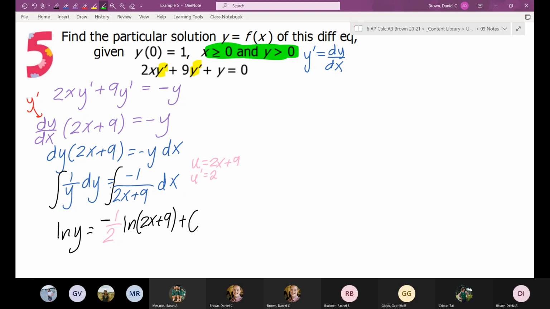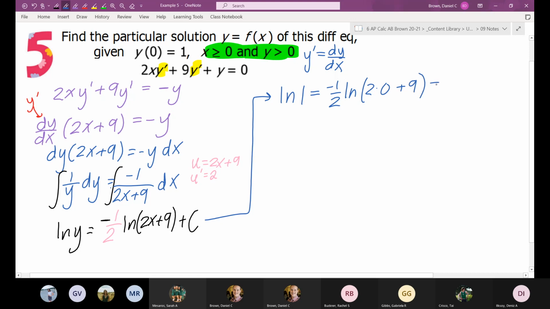So then this is the general solution. We do need to get it down to the particular solution. So at this point, I can go ahead and plug in that initial condition. So here's me solving for the initial condition. I have the natural log of y, so the natural log of 1 is equal to negative 1/2 of the natural log of 2 times x, which is 0, plus 9, and we're looking for c.